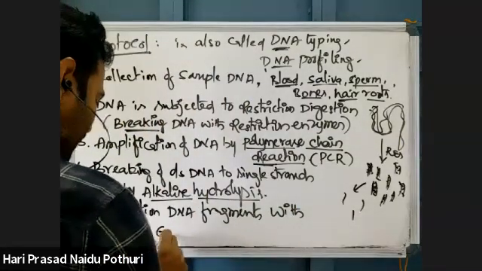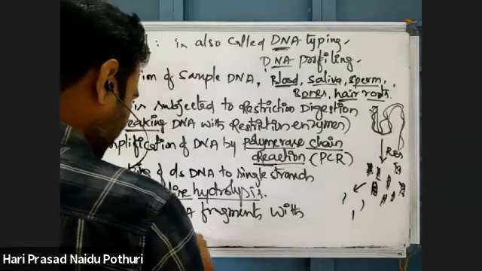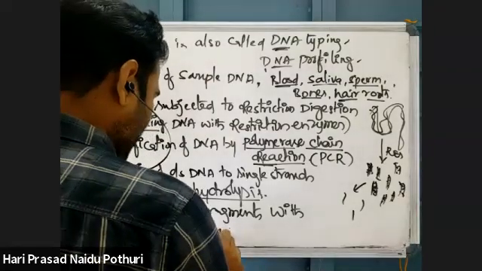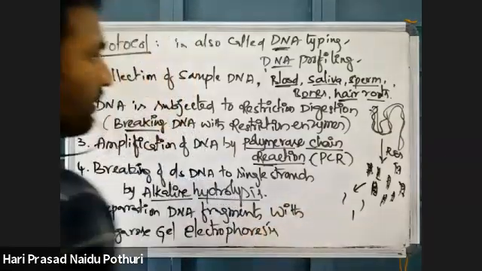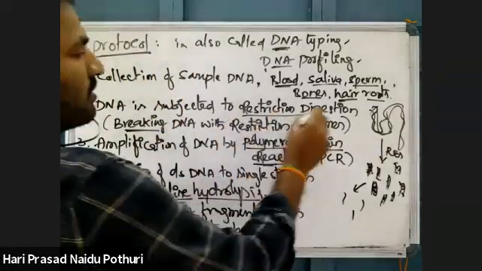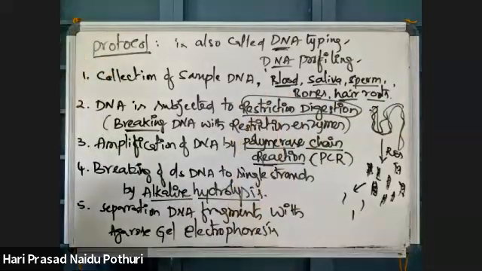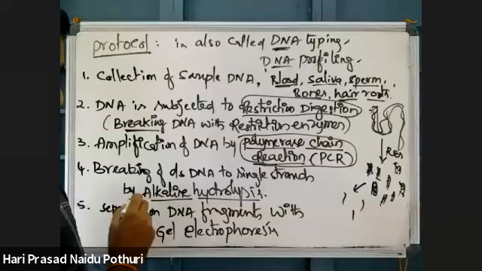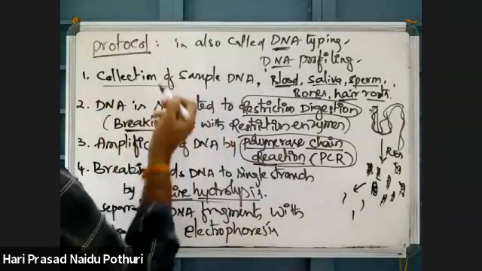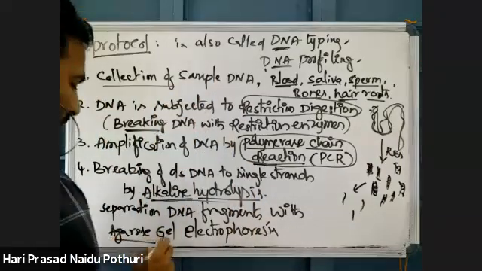All these processes will come in biotechnology, where we'll come across all the experiments. What is restriction digestion? What is polymerase chain reaction? Alkaline hydrolysis, isolation of the DNA, collection of the DNA, and agarose gel electrophoresis will also come there.